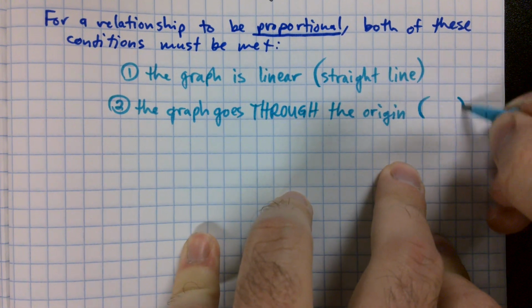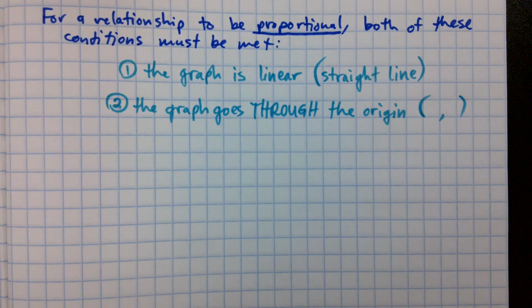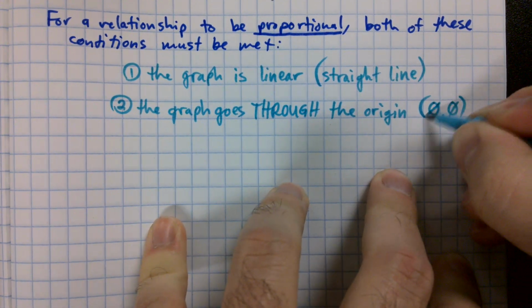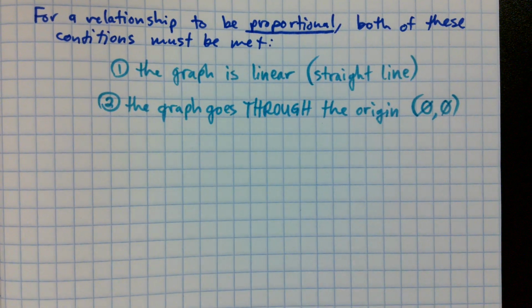What are the coordinates, does anyone know, for the origin point? 1 and 0. Very close. 0, 0. So if your graph shows a straight line that goes through the center of your graph in the origin, you have a proportional relationship.